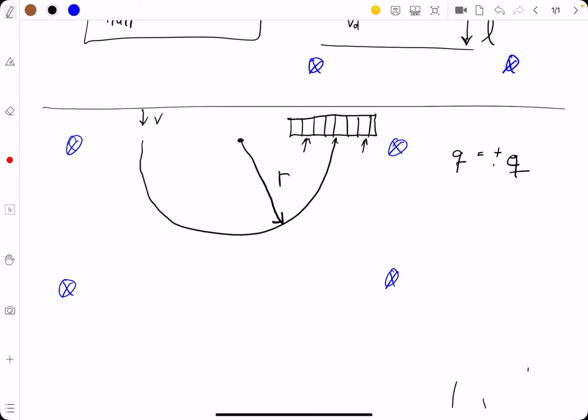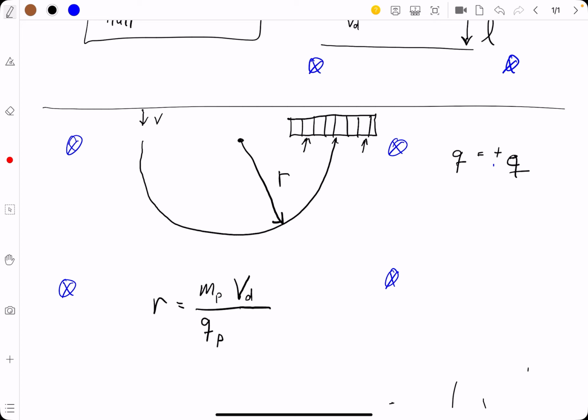It's a plus Q. And we've got our B field, and it turns out that our radius is equal to the mass of the particle divided by the charge of the particle times the velocity of the particle.